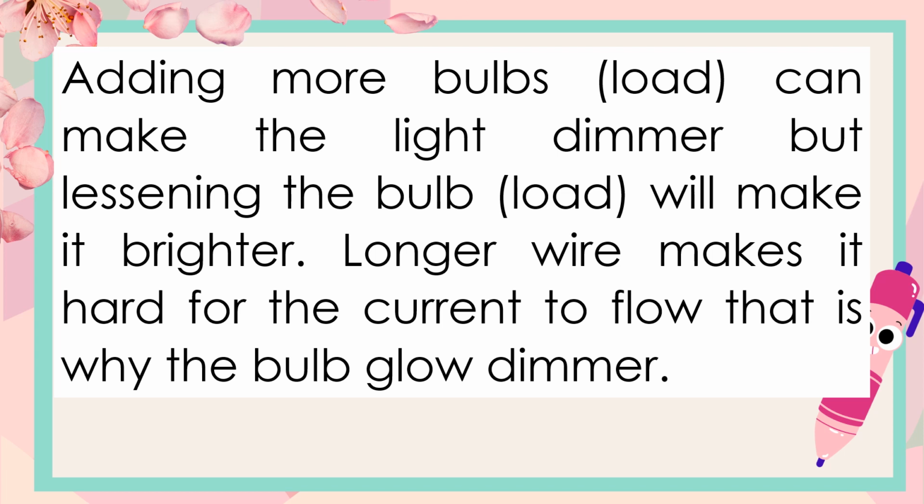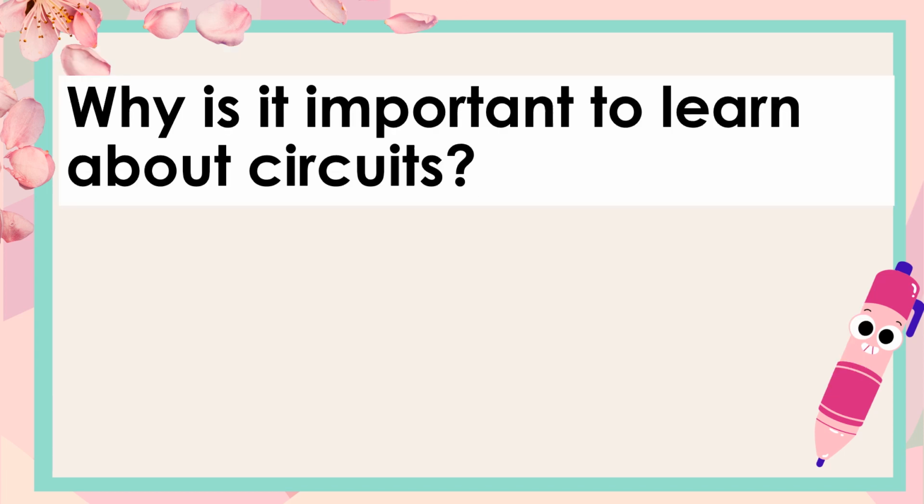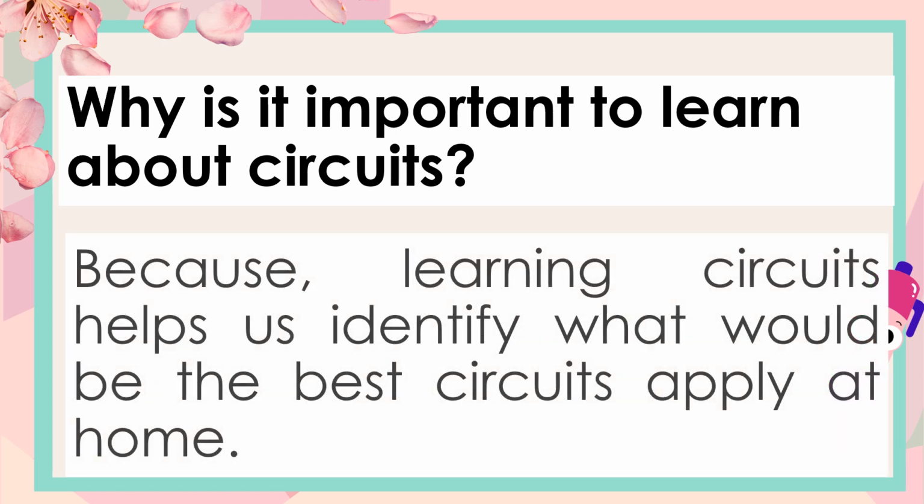A longer wire makes it hard for the current to flow. That is why the bulb glows dimmer. Why is it important to learn about circuits? Because learning circuits helps us identify the best circuit to apply at home.